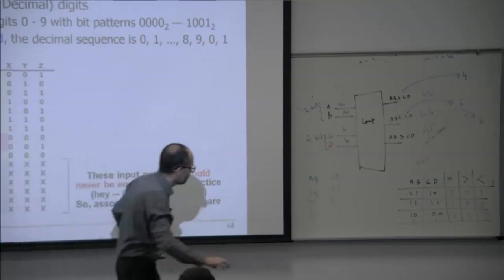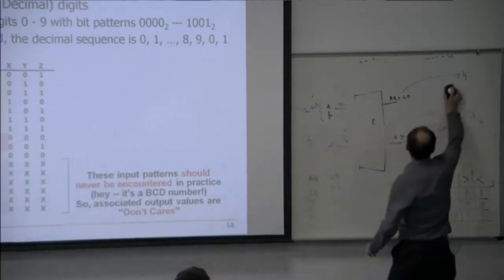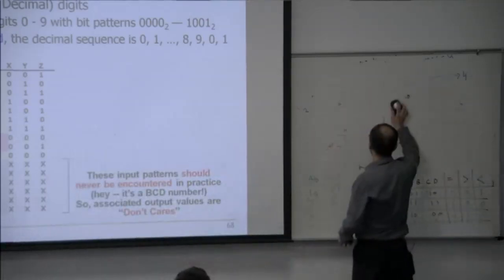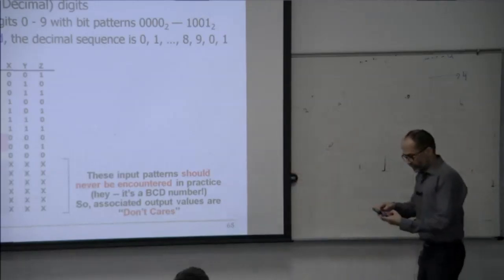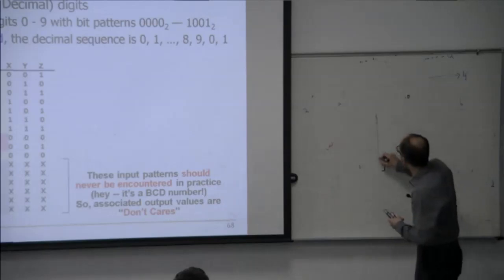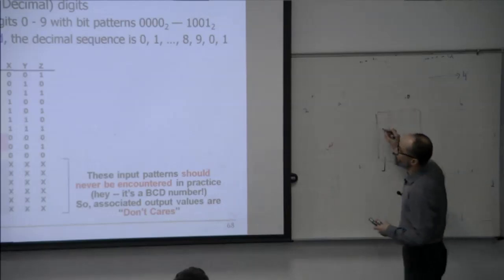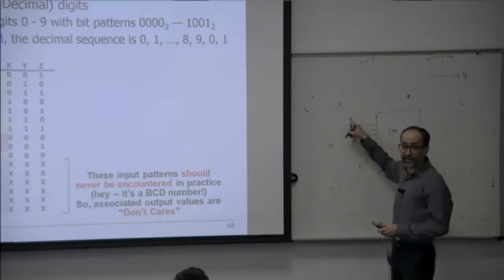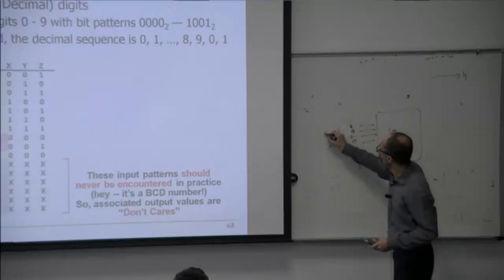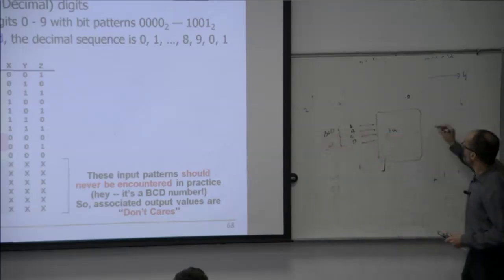Now we draw it again. So now we have the BCD increment function. So this is increment. What is the input? A, B, C, D, and A is the MSB. So this is BCD code, and what is the output?